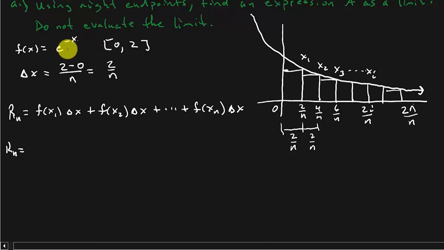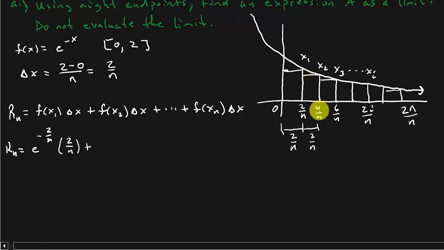We're evaluating this function at each one of these x values. So that's e to the negative 2 over n times delta x, which is 2 over n, plus, and then we need this next rectangle.